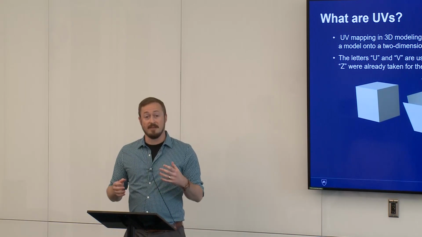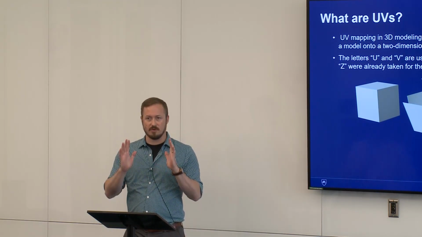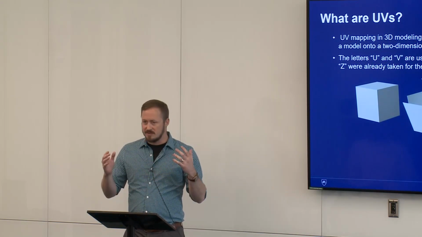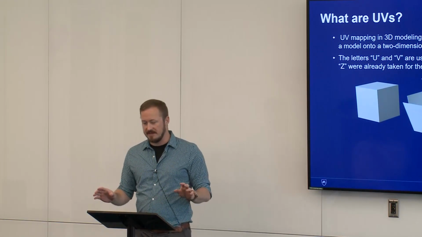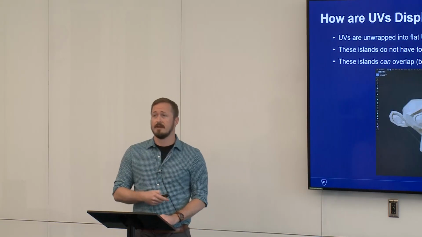The letters U and V were taken because they're close to the end of the alphabet, and those are used for the coordinates within your texture window. So it's just a way of using two other letters to clear up any confusion so that you're not saying X and Y.